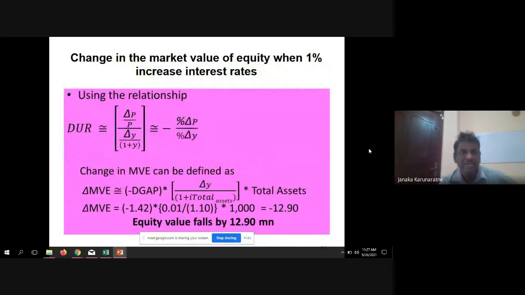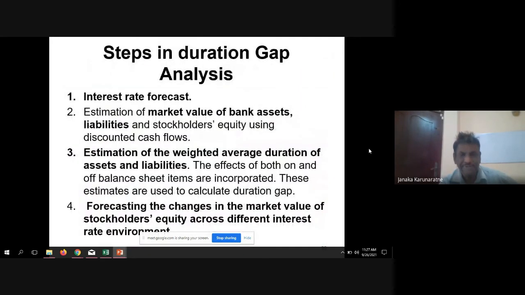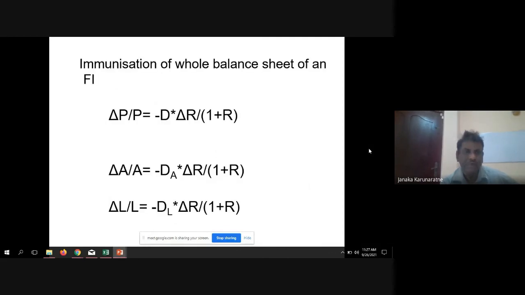This is the simple duration formula. For an individual asset, the duration change in price over price equals minus D delta r divided by 1 plus r.